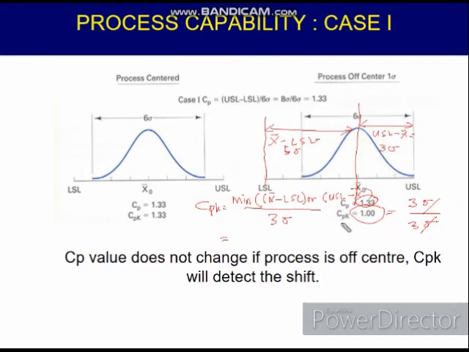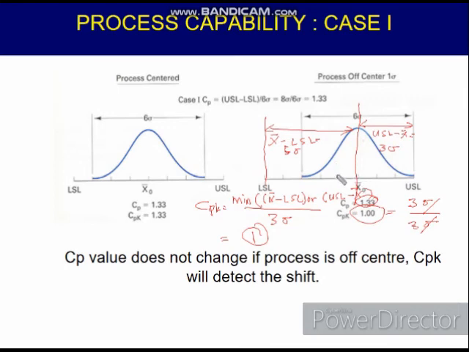So 3 sigma divided by 3 sigma, then you get CPK of 1. Right, as shown here. So if it's off center, CPK and CP will have different values. For this particular case, the shift is not too extreme, so CPK still equals 1, so the process is still capable.